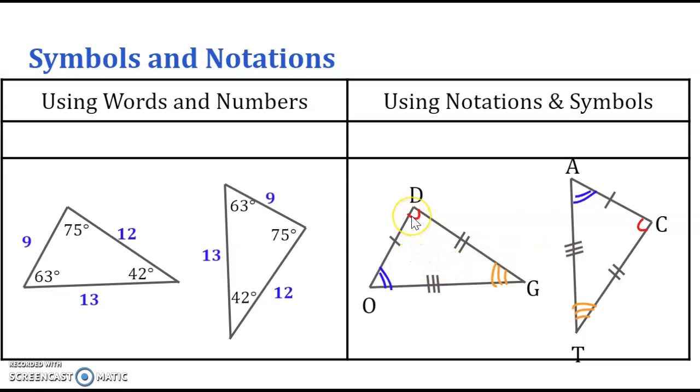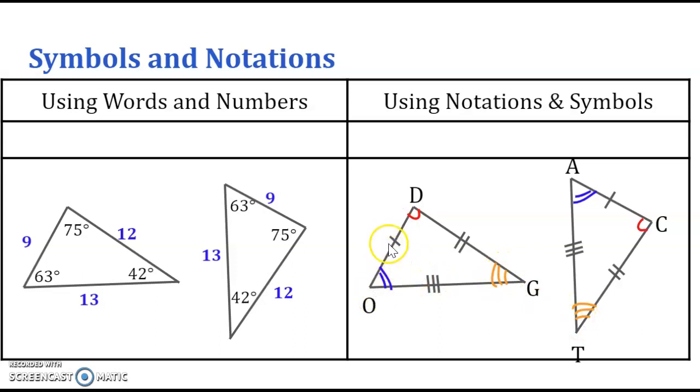So to say that angle D is congruent to angle C, I would put one arc there, one arc here, to indicate that angle O is congruent, or the same in measure, as angle A. I will put two arcs here, and then angle G and angle T are corresponding and they are congruent.